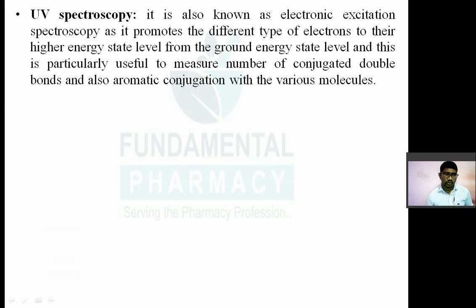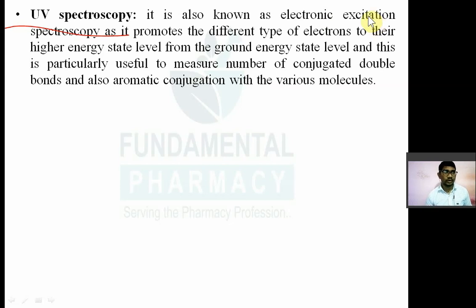UV spectroscopy is also called electronic excitation spectroscopy because it involves the promotion of different types of electrons from their ground state. There are different types of electrons present in the molecule, like sigma electrons, pi electrons, and n electrons.